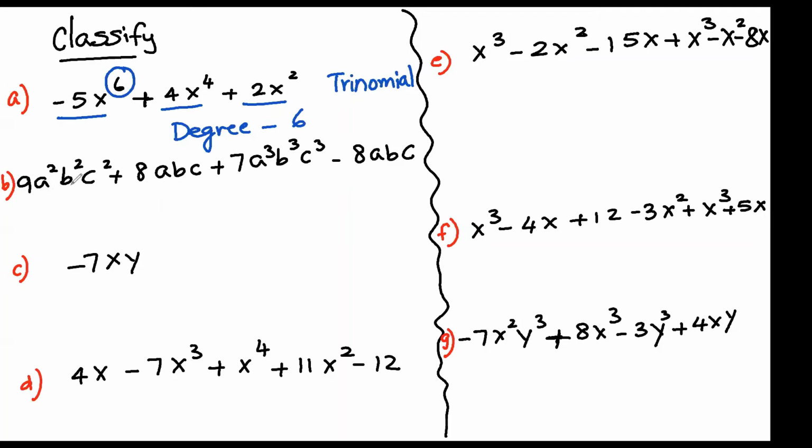You have 9a squared b squared c squared plus 8abc plus 7a cubed b cubed c cubed minus 8abc. Now, first and foremost thing, pay attention to the given problem, right? Given expression, and see if you can find any like terms. Do you see any like terms in here?